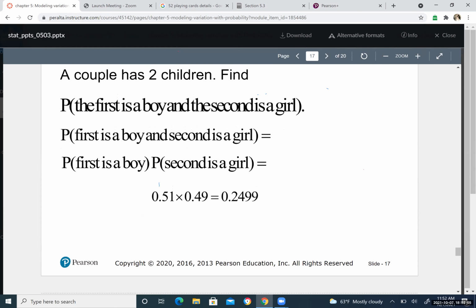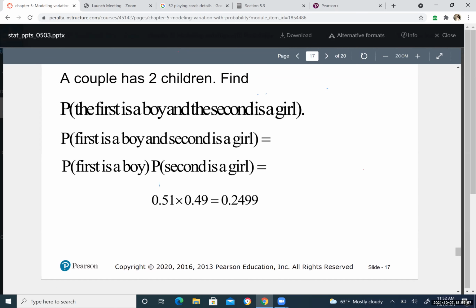Okay, they have this example too. The probability of the first being a boy and the second being a girl. So they take the probability of the first being a boy and multiply it with the probability of the second being a girl. Don't forget P represents probability, right? P here, P there.